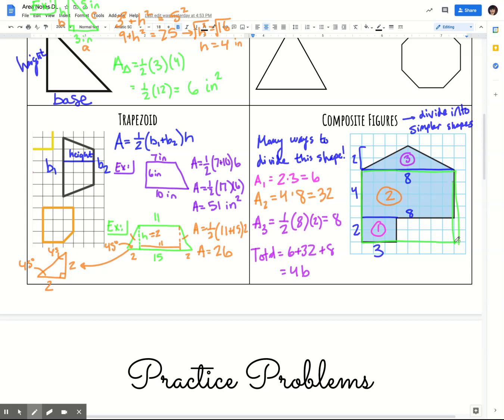I'd find the area of the whole thing, and then I could have just subtracted this area that's not filled in. So sometimes when you do a composite area problem, it makes more sense to find the area of a big space and then subtract out a smaller area that's not shaded in.